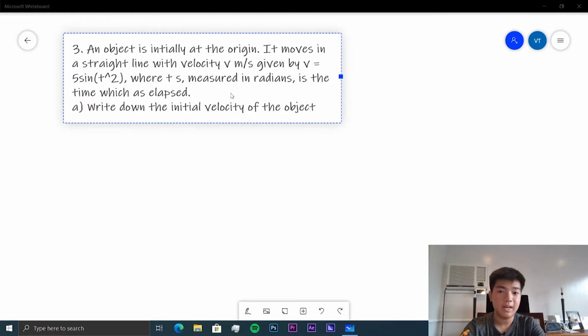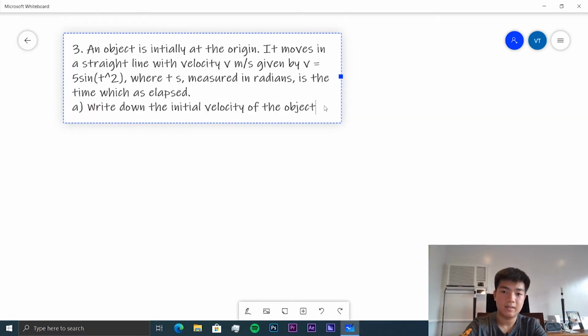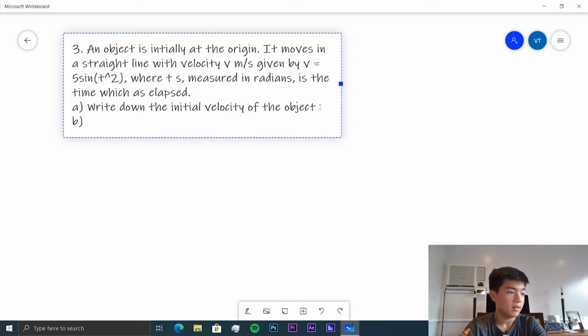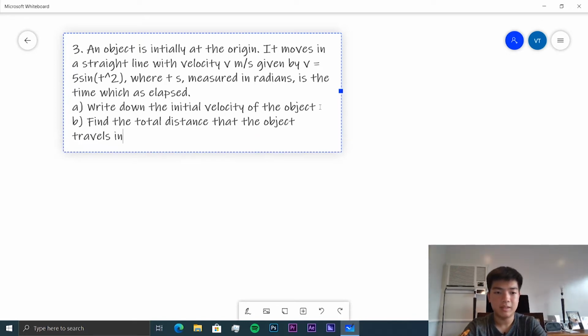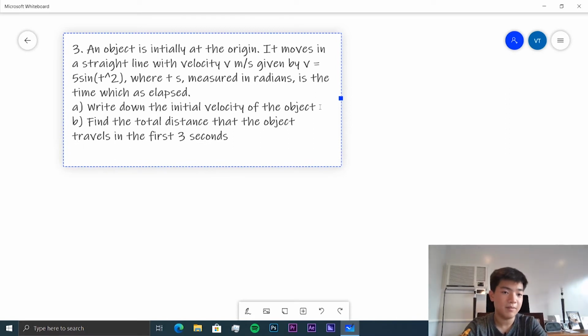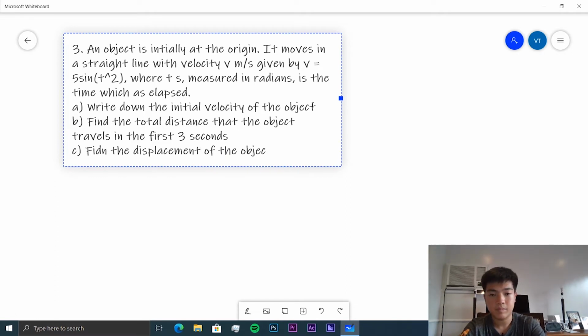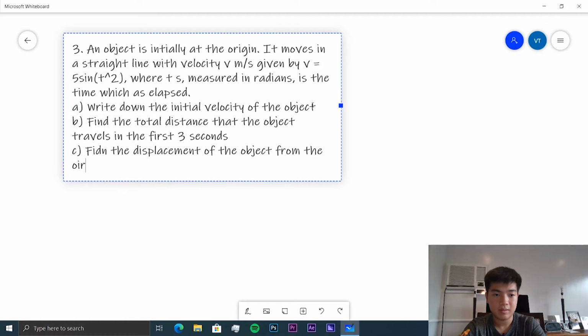And then next, find the total distance that the object travels in the first 3 seconds. And then finally, find the displacement of the object from the origin when t is equal to 3.